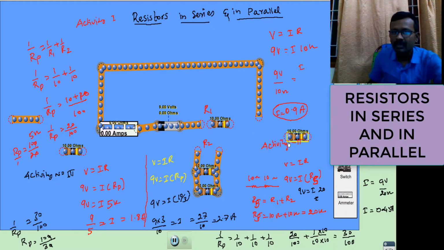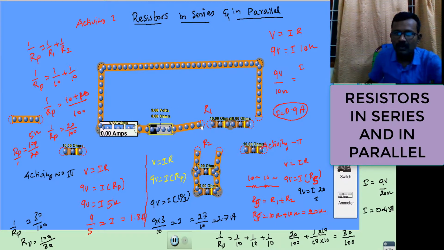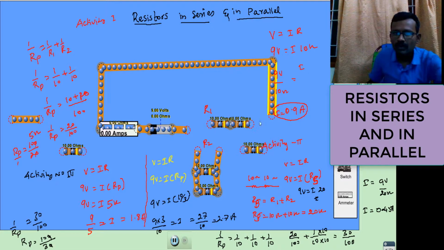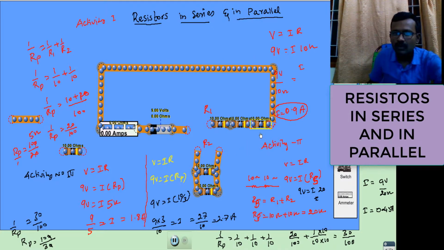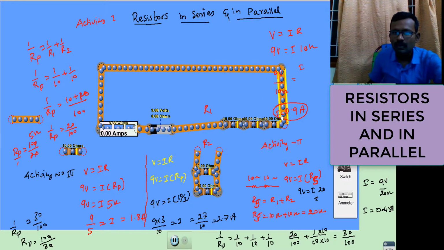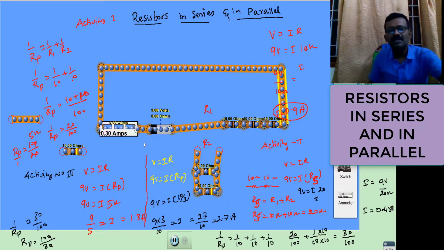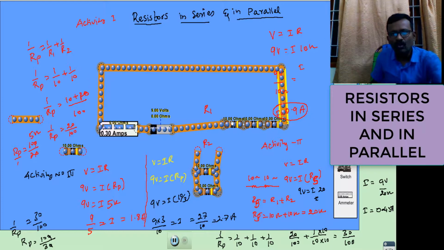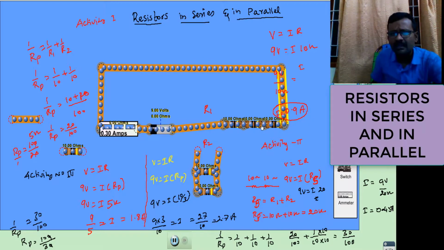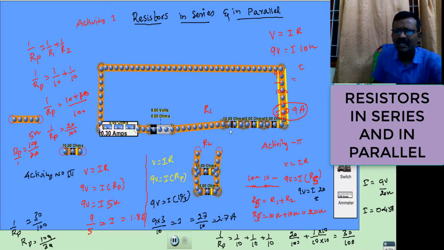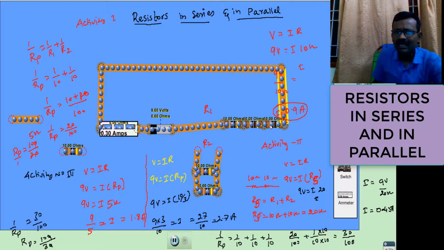See, I take one resistor, I take another resistor. See, now I have connected three resistors in series, 10, 10, 10.